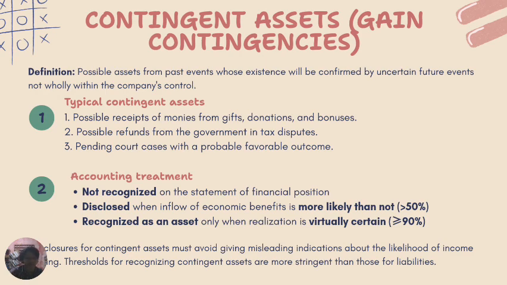They are recognized as an asset only when realization is virtually certain, like 90% or more. At that point, they are no longer contingent. So there is an important rule: disclosure must avoid giving a misleading indication that the income is certain.